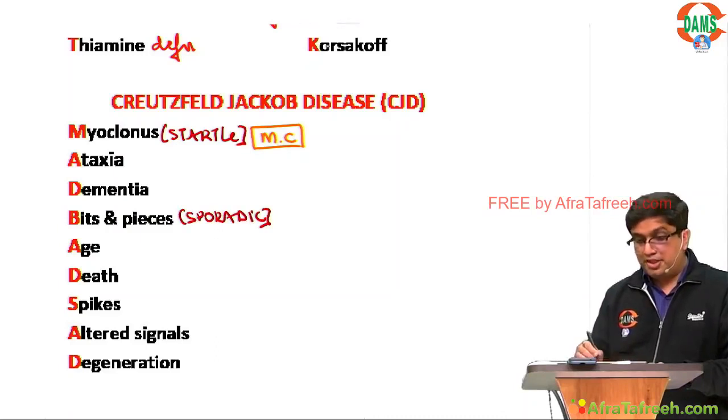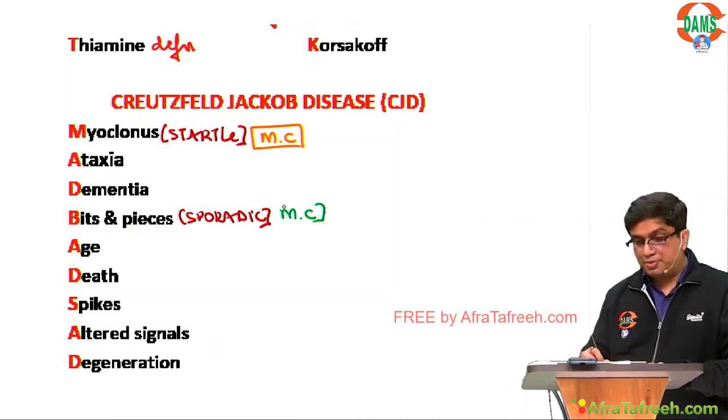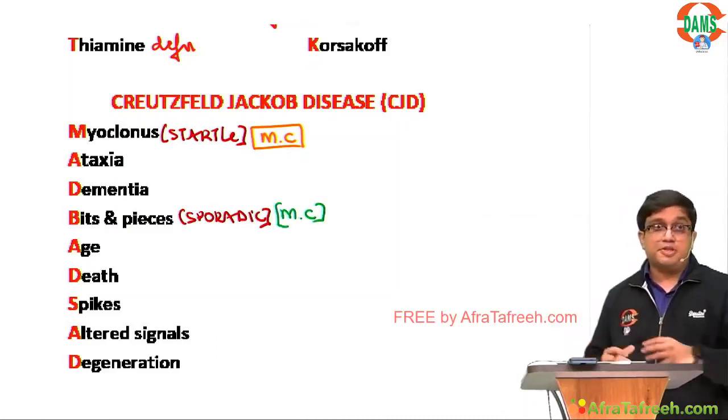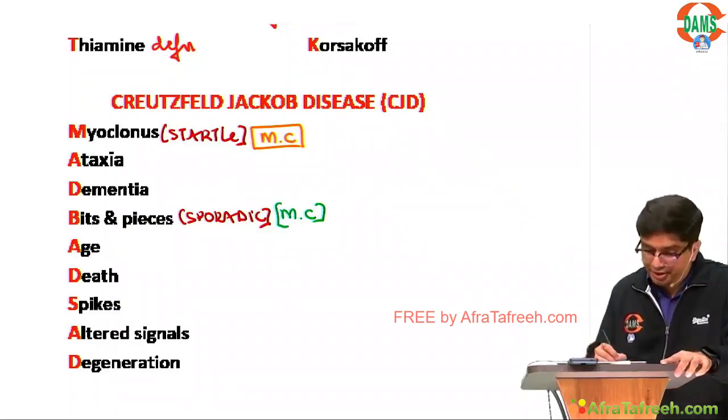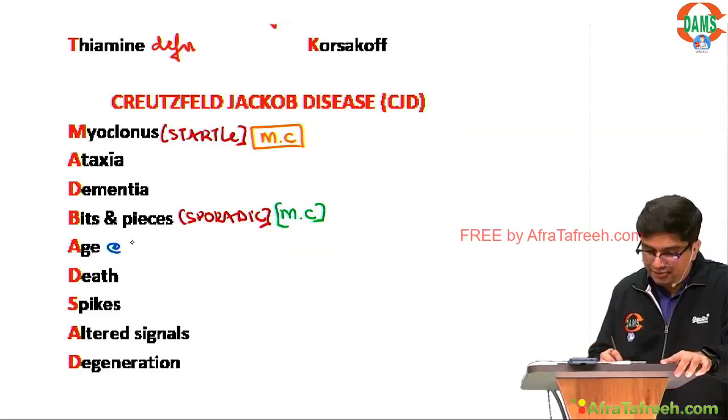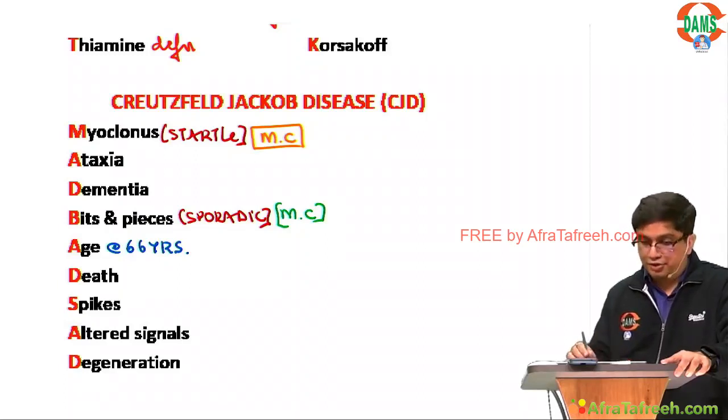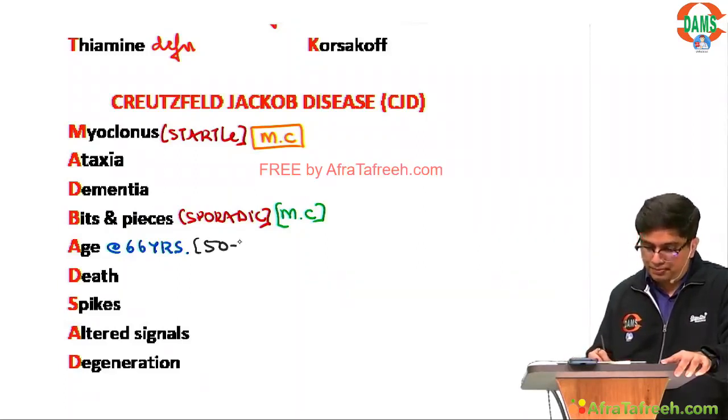So the most common type of Creutzfeldt-Jakob disease is sporadic CJD. The general age of onset is seen to be 66 years on average. I'm taking the average, it can go from 50 to 75 also.